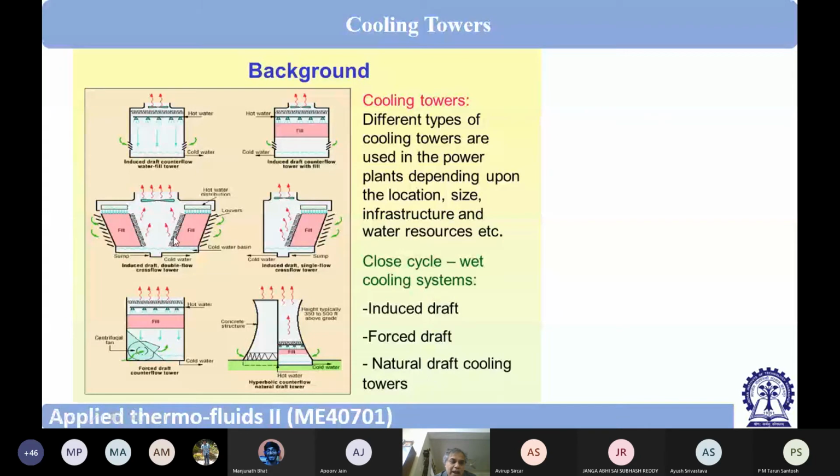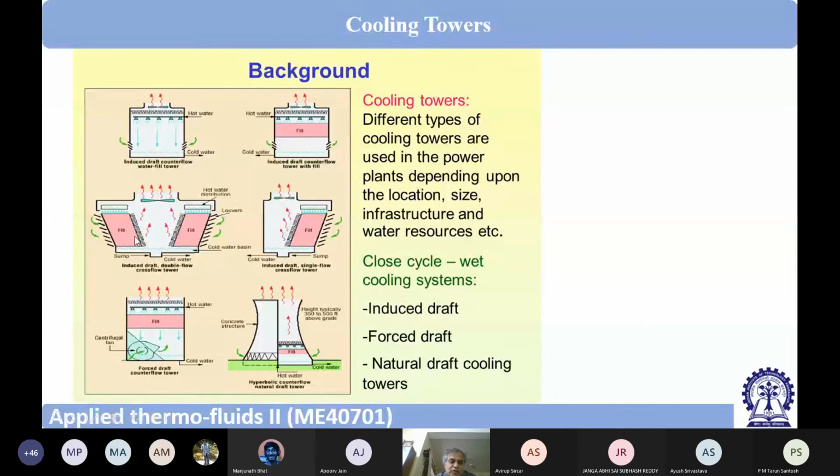Air can enter from the bottom while water falls from the top, so a counter current kind of arrangement could be there. Or air can enter from the side and water can fall from the top. A cross flow kind of arrangement could be there.